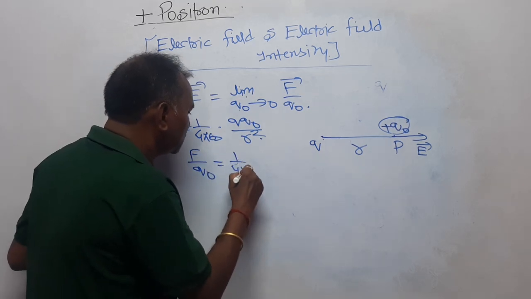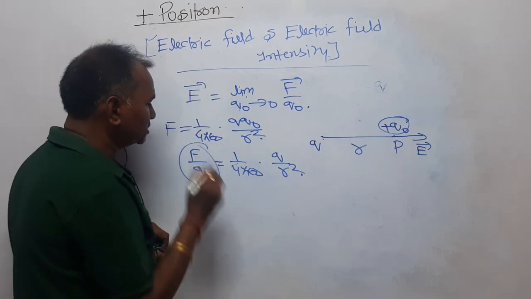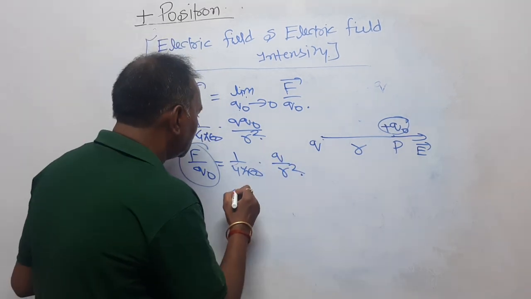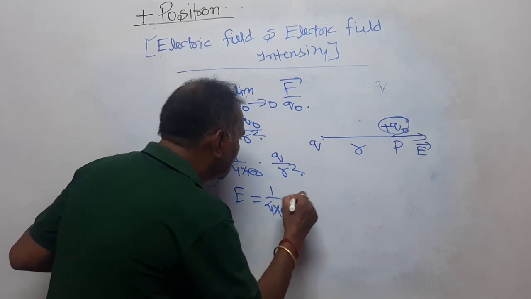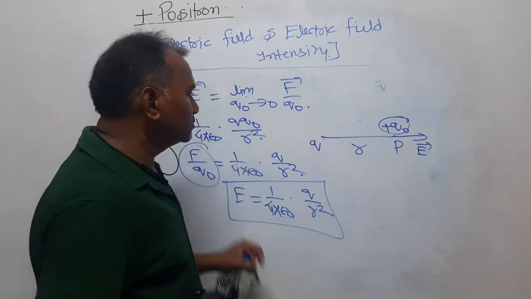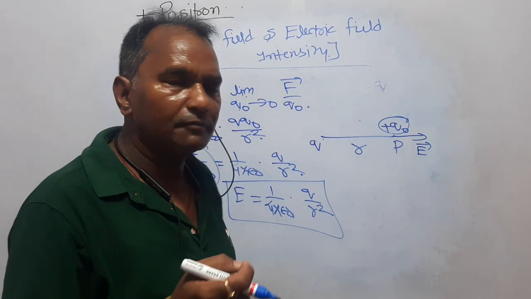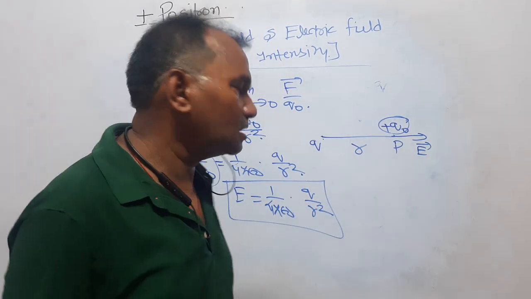This becomes 1 upon 4 pi epsilon naught Q upon R square. Now, F upon Q naught, that is the electric field E, is equal to 1 upon 4 pi epsilon naught Q upon R square. It means just by using Coulomb's law, we have found the field at point P due to charge Q, which is at a small distance apart.